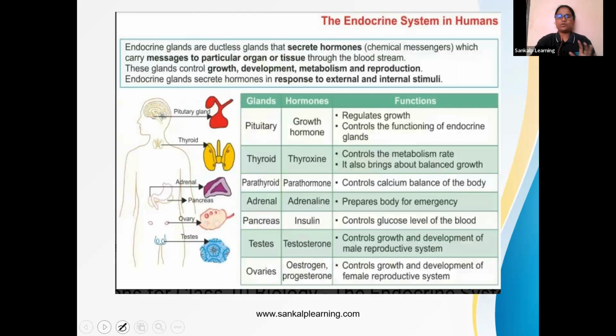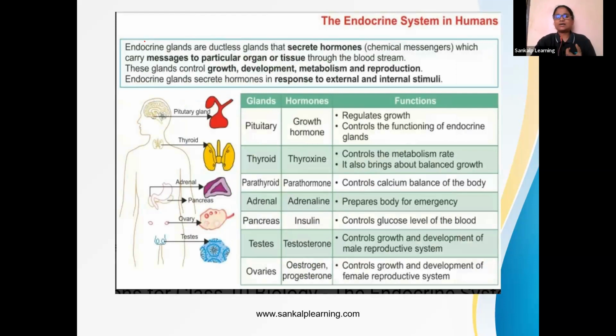Next, we have to focus on the function of those glands. Again, you can see the definition here. Endocrine glands are ductless glands, means they do not release hormones into any fluid or a duct. The hormones will be sent directly into the blood.